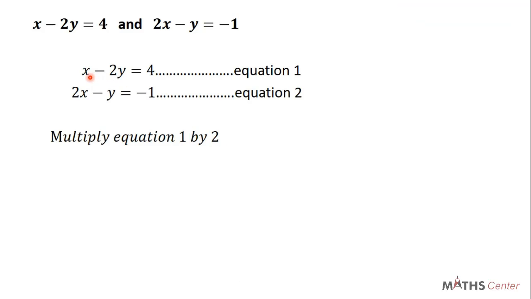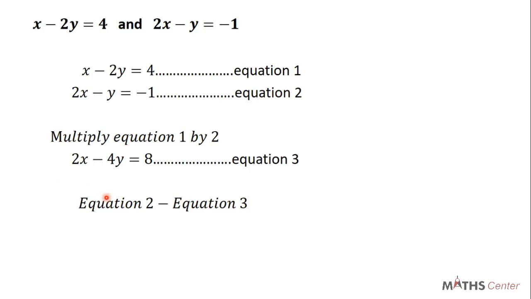If I multiply equation 1 by 2, I'm going to get 2 times x, which will give me 2x, minus 2y times 2, which will give me minus 4y, 2 times 4, which will give me 8. So I've multiplied equation 1 by 2. Now, if I multiply equation 1 by 2, you see that the new equation that I'm having, the coefficient of x is 2. So with this new equation and equation 2, I can now eliminate x. I hope that is clear.